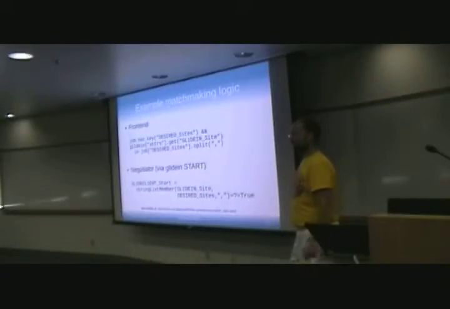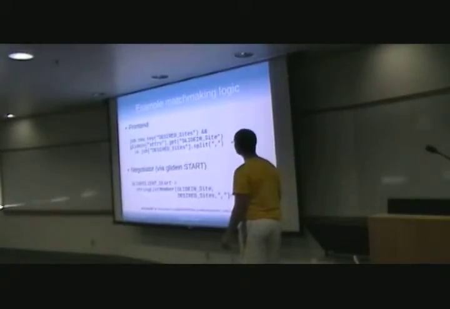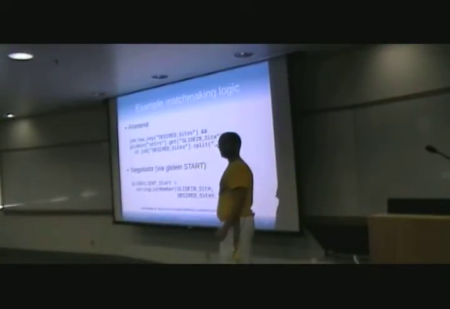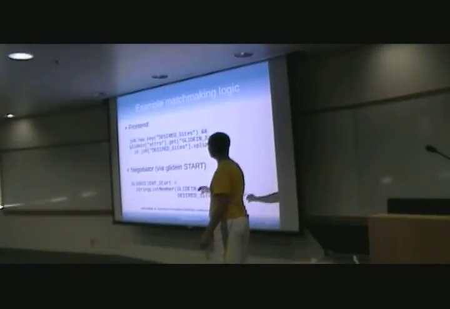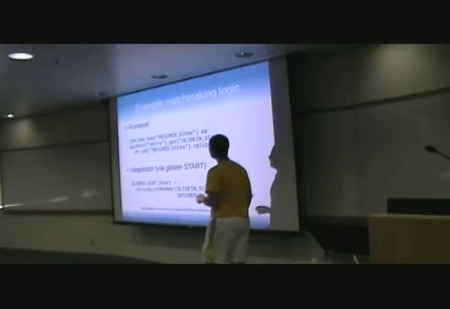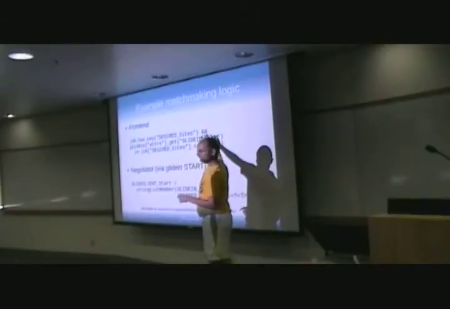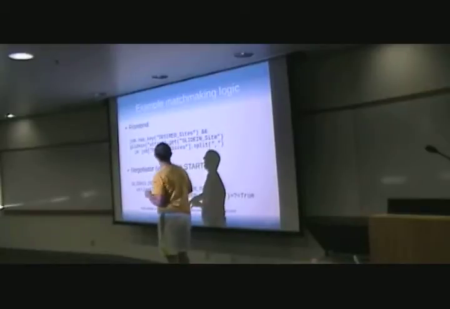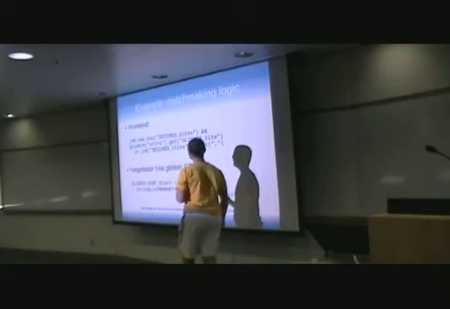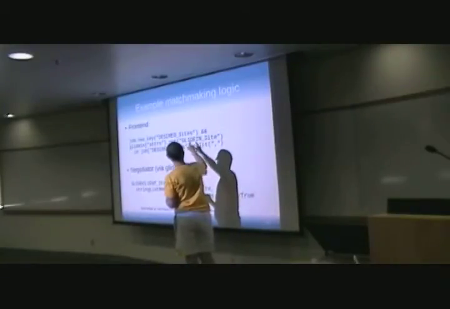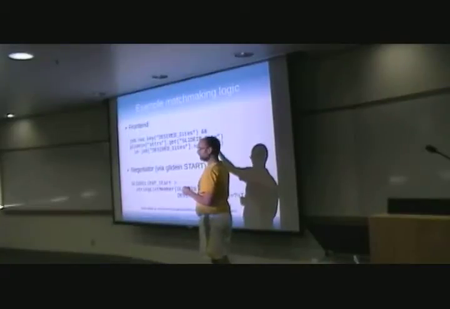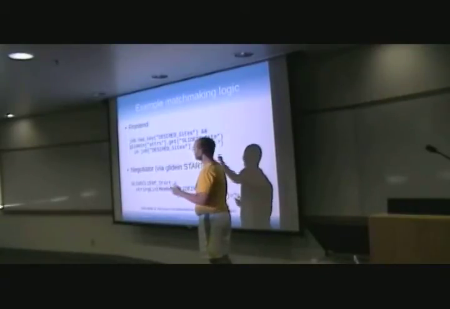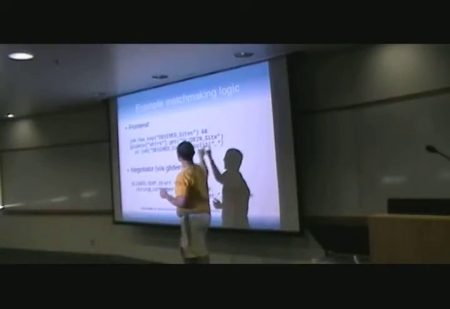So here is an example of what you can have as matchmaking logic. This is a classic one, although I don't really recommend using it exactly like this, but it is easy to represent. Essentially, this is the actual matchmaking expression that you set in the front-end config, and you say it is Python. Essentially it says, if a job has desired sites defined, make sure that the glidein site, which is defined by the entry in the factory class ad, actually is in this list.